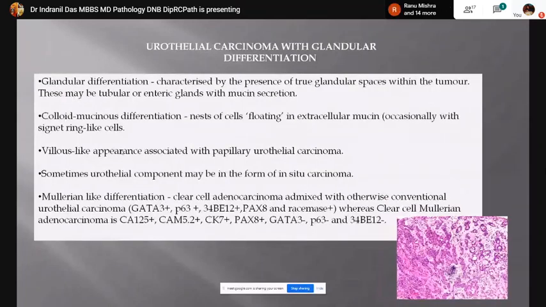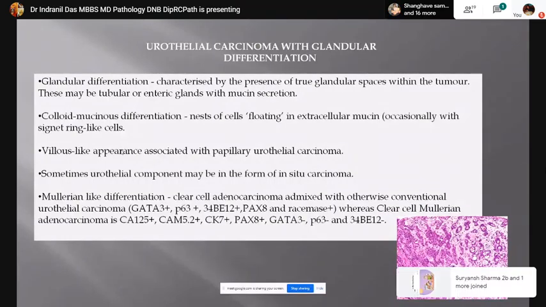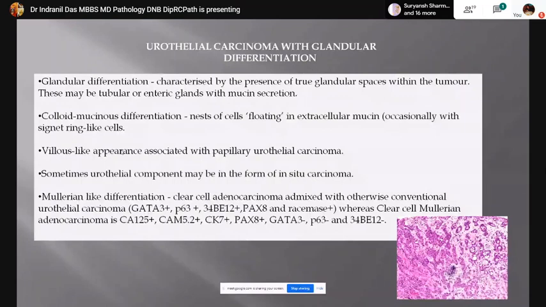Now, urothelial carcinoma with glandular differentiation is characterized by tubular or enteric glands with mucin secretion. Sometimes colloid carcinoma-like features with nests of cells floating in extracellular mucin are seen. There may also be a Mullerian-like differentiation in conventional urothelial carcinoma.